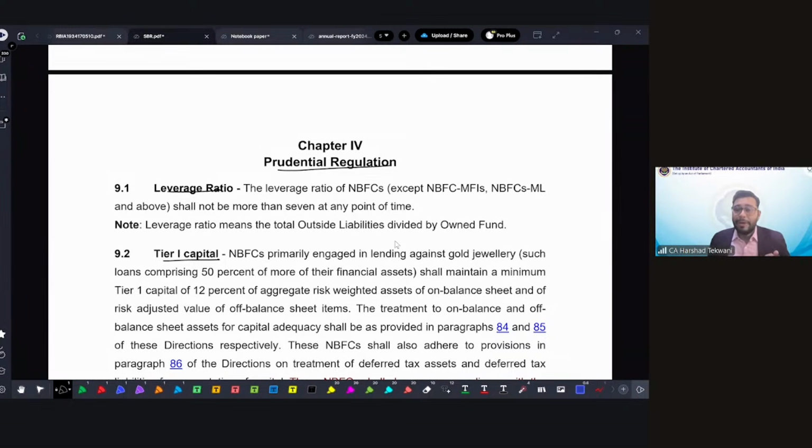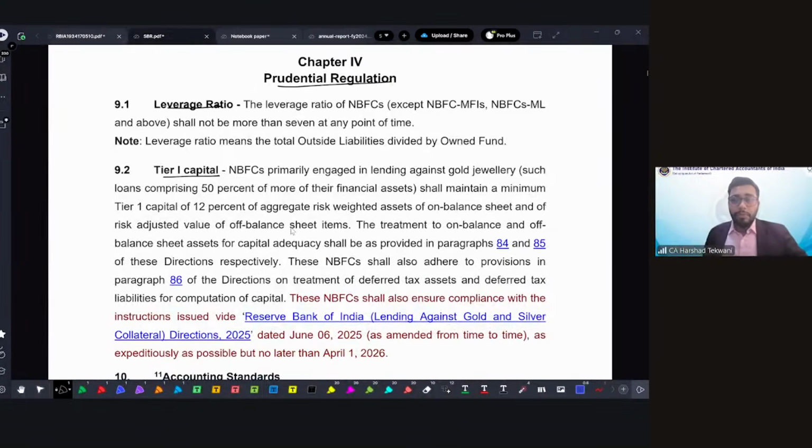Once we understand these requirements, we will see the reporting part, because reporting is done on these multiple levels: leverage ratio, tier one, provision, tier two capital if required, percentages, risk weighted asset ratios. A lot of things are there. Okay. So let's understand the prudential regulations.